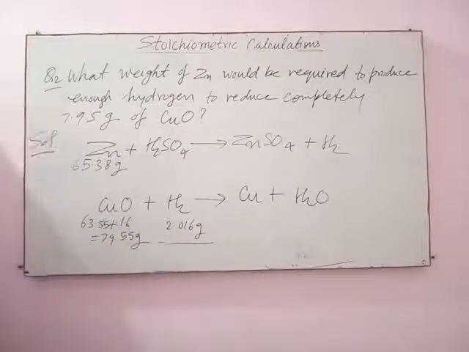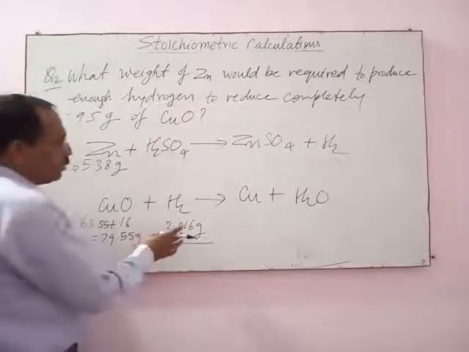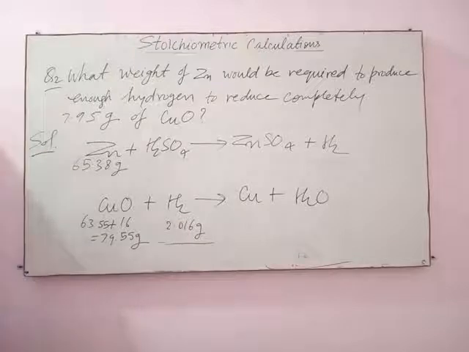Atomic mass of hydrogen is 1.008. 1.008 multiplied by 2 gives 2.016 gram.